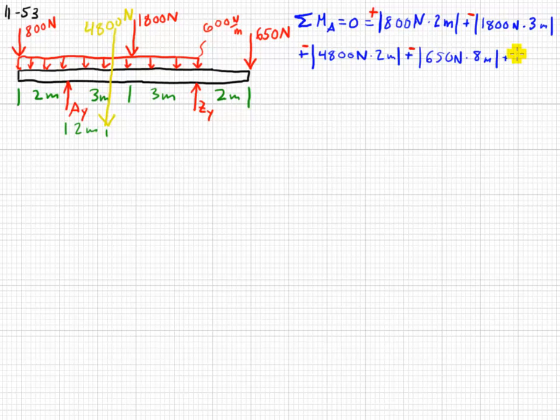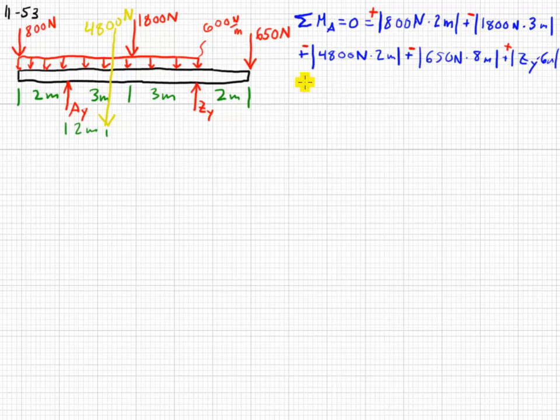Finally, we have ZY, and that's being multiplied by 6 meters. We're at least going to assume it's positive, so that would make it have a counterclockwise motion, positive.